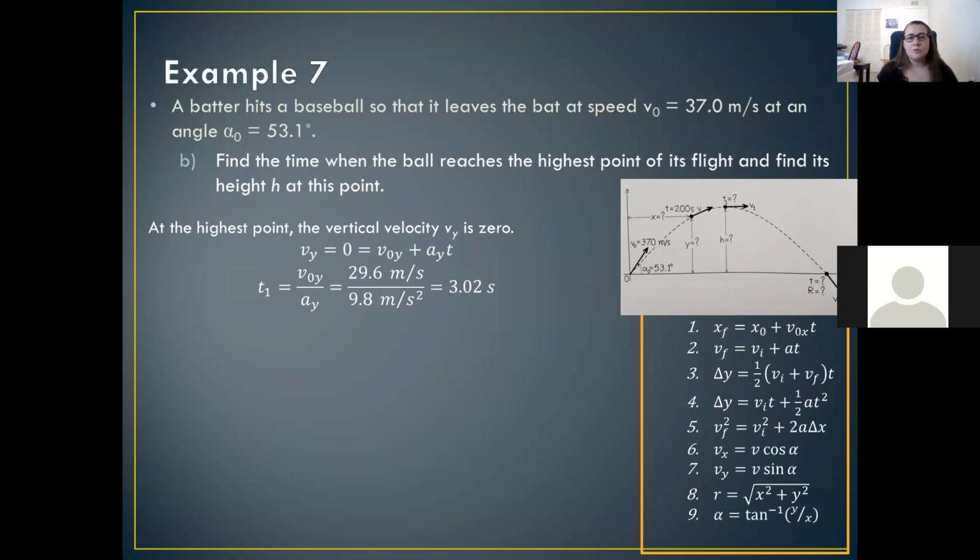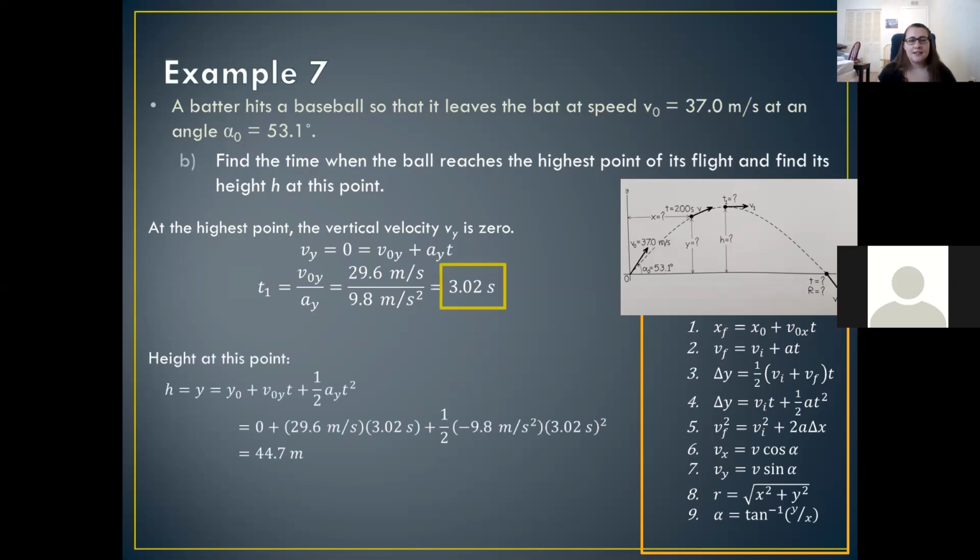We know what our initial y velocity was from part A, and our y acceleration is always the same. So we can use that equation then to find the time. Just rearrange that to solve for time. We get initial velocity over acceleration. And so that takes 3.02 seconds to get to the highest point of its path.